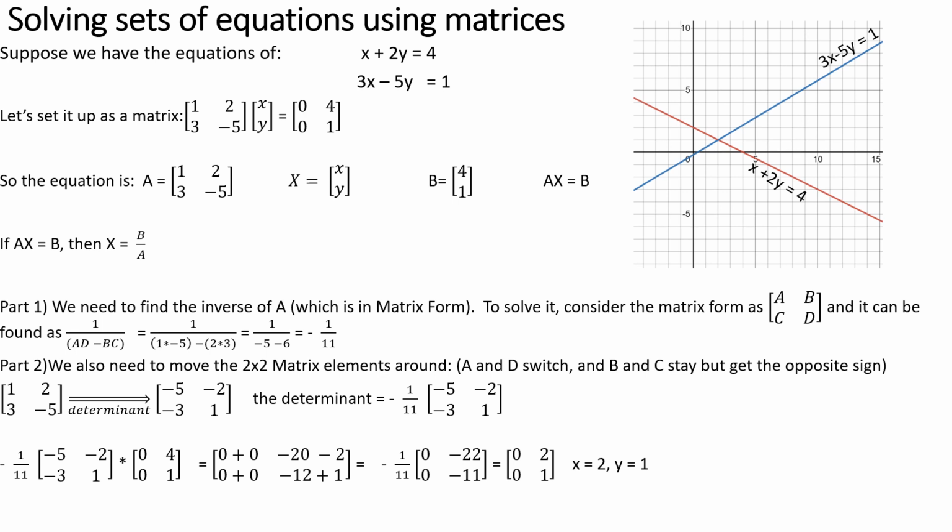Now, as I said, what we're looking at here, I've got x plus 2y equals 4, and then 3x minus 5y equals 1. Here's my 1x plus 2y equals 4. And then 3x minus 5y equals 1. Notice I put this in the second column here. And here's my x and y. You're going to see why I put this together in a minute.